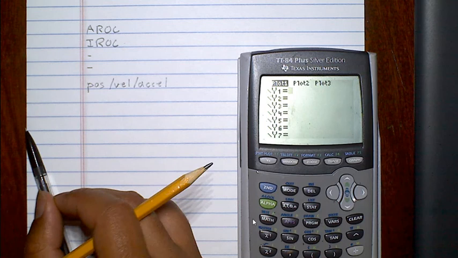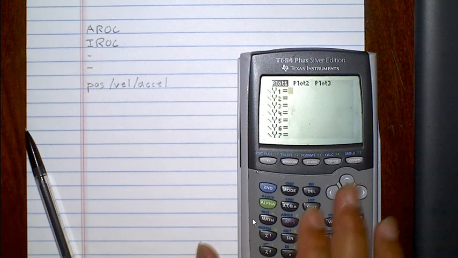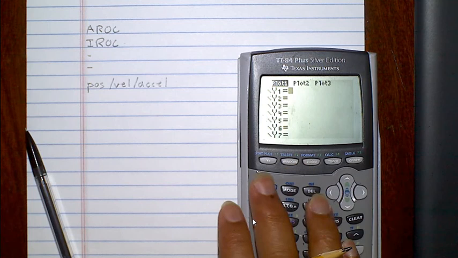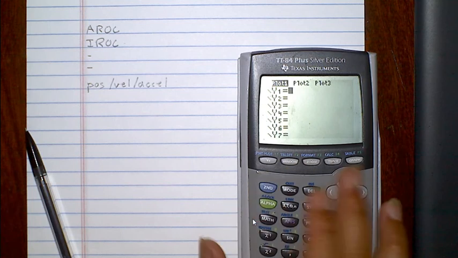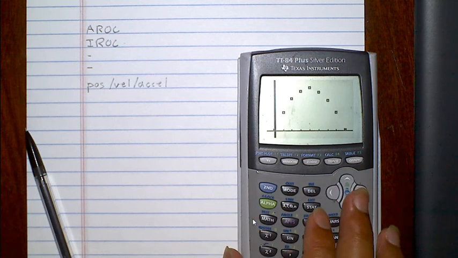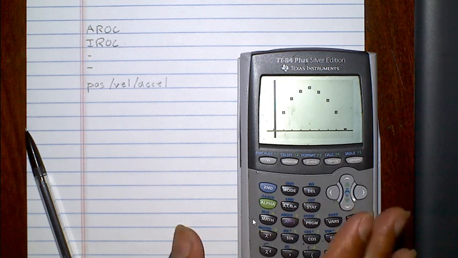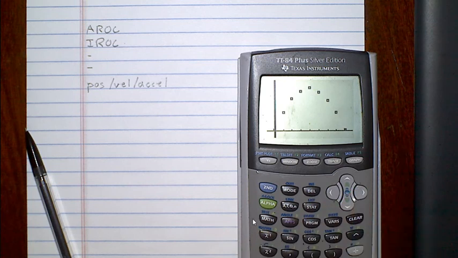Okay, so essentially what I start with is a plot. Okay, and I'm going to show you the plot real quick. There's our plot, and this is data, and I'm going to give you the data, and I want you to put it in your calculator.